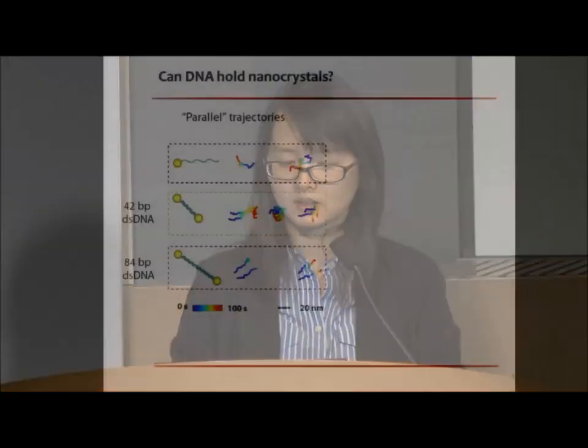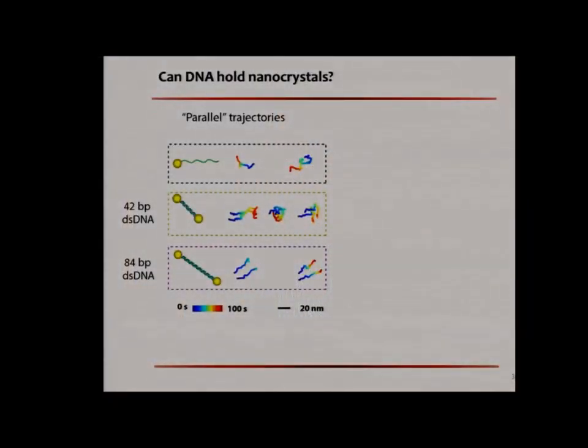And now here comes the moment of truth. Is DNA really able to hold the nanoparticles during the whole imaging time, up to minutes? I'm going to show you 3 data sets. One is trajectories, the projected positions of gold nanoparticles with time. You can see 3 kinds of them, the single particles and then dimers bridged by different DNA lengths.